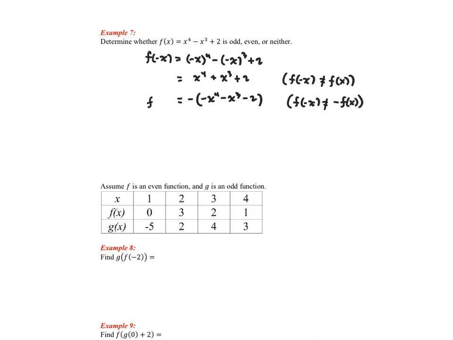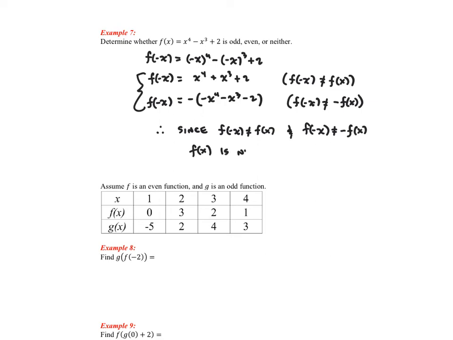Therefore, since f of negative x is not equal to f of x, and f of negative x is not equal to negative f of x, f of x is neither even nor odd.